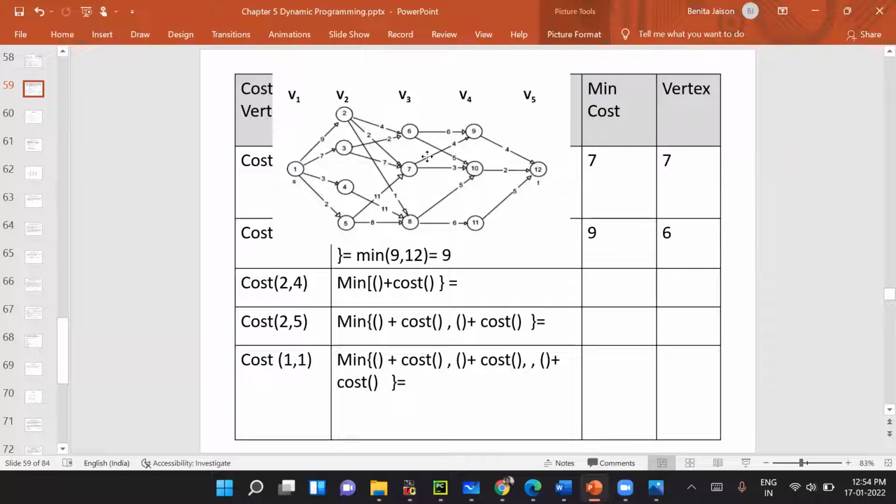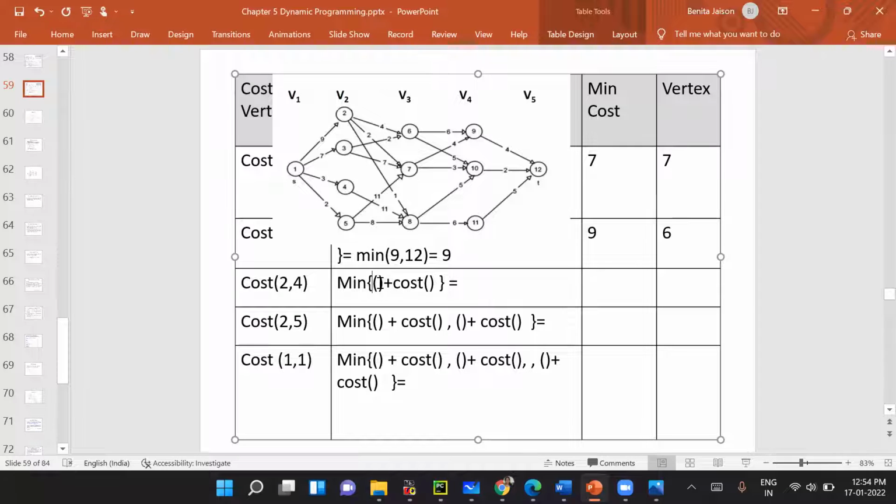Now we are going to find the minimum cost for the vertex 4, which is in stage 4. It is having only one edge, just like our first case, right? So we need not find the minimum and all. You know that it is the same. Only one edge is there, starting from 4 towards vertex 8.